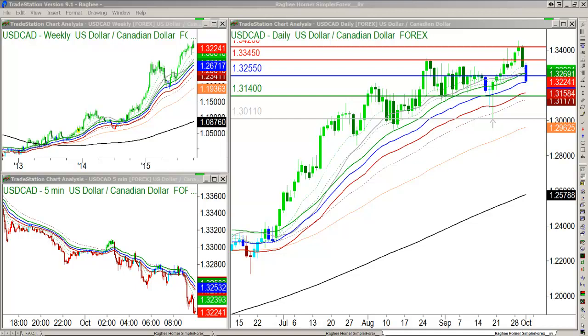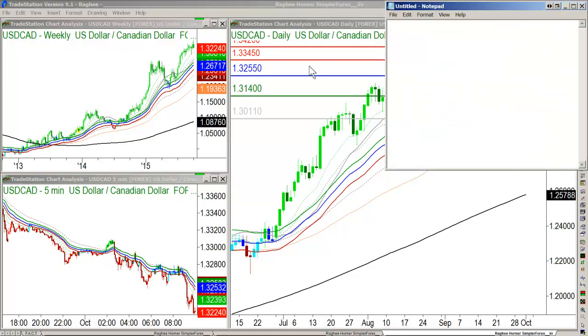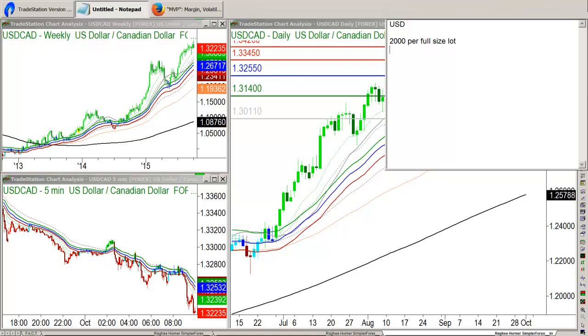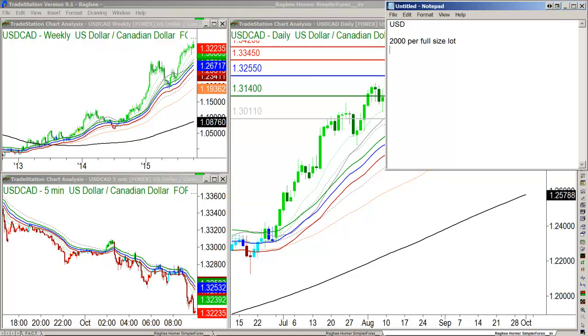Dollar Canada takes $2,000 per full-size lot. It's a fairly quiet pair, right? But it's very inexpensive to trade.